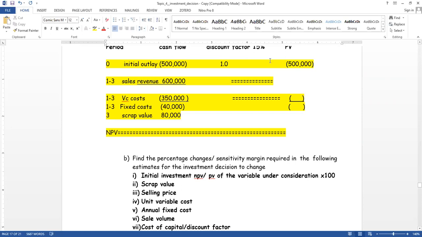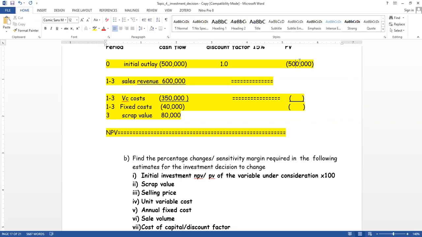So if I get 500 times 1, I will get 500. So I get the NPV, the one that I would have gotten up, I divide by the PV of the variable under consideration, which is 500. Then I multiply by 100%. So whatever percentage I get, then I should be able to make my conclusion.